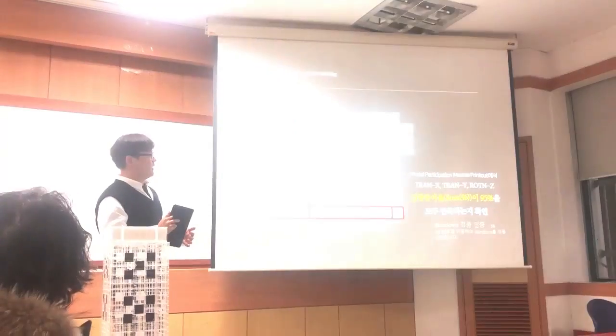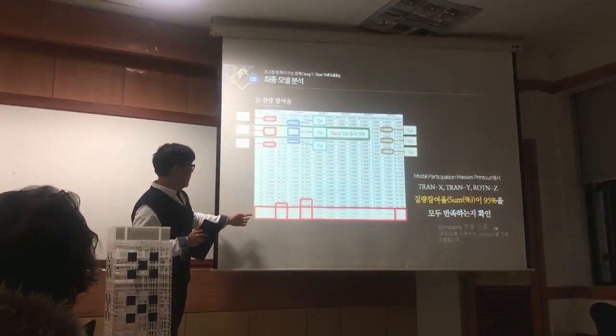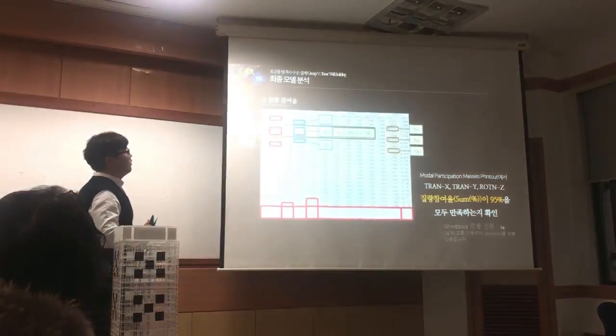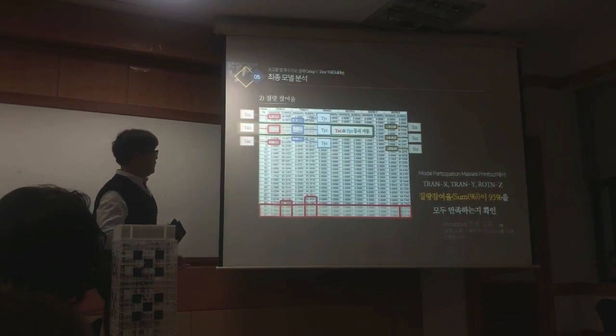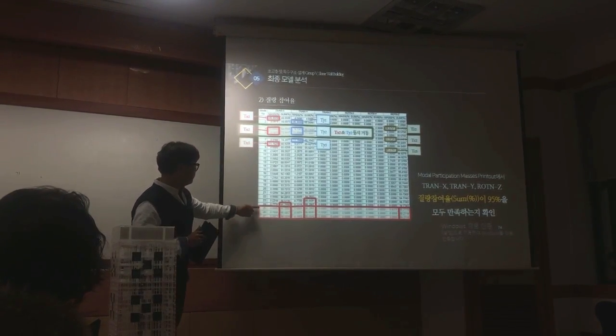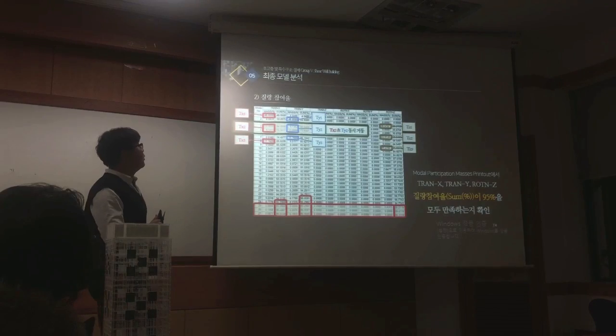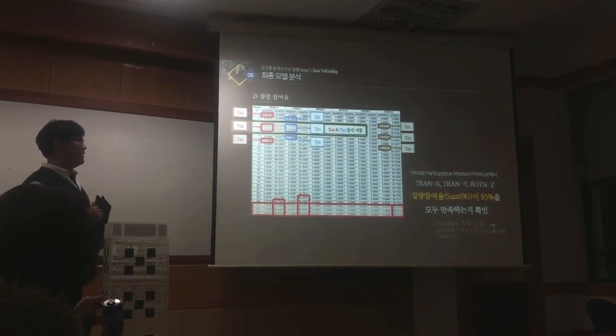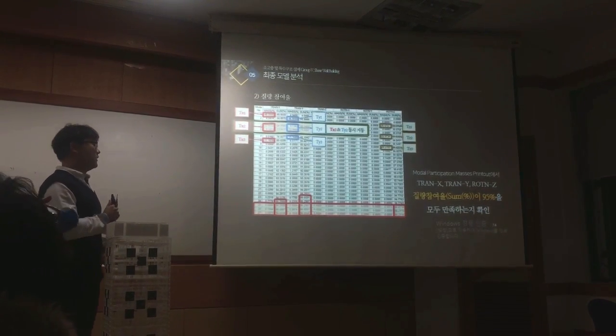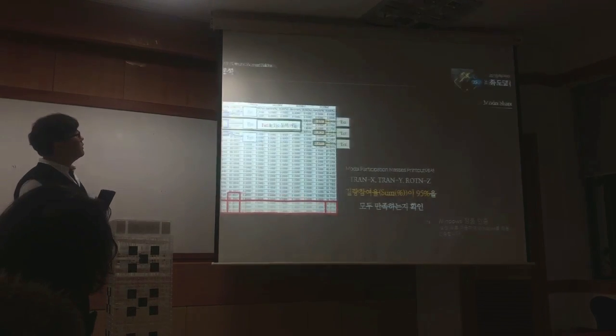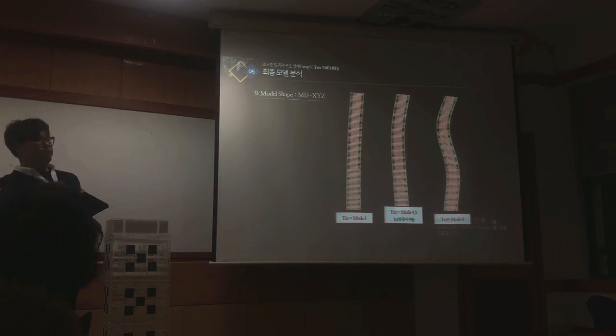And I'll explain that later. So if sum is over 95%, it's okay. So after 25 modes, we got all the 95. The summation was all 95.